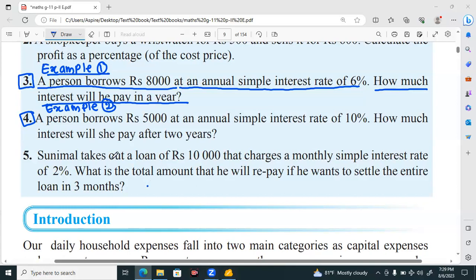Now here look at a person has borrowed 5,000 rupees at an annual simple interest rate of 10%. Okay. Then they have asked how much interest will she pay after 2 years.